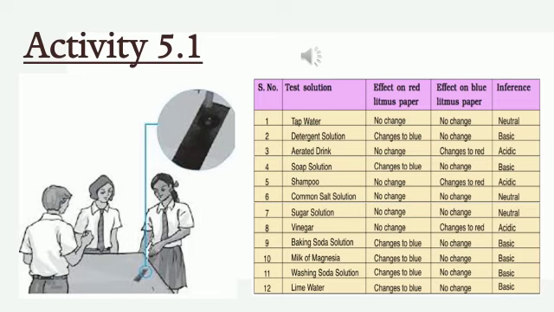To perform this activity, we need to take some water and mix it with lemon juice in a plastic cup or a tumbler or a test tube. And we need to take a drop of the solution on the strip of red litmus paper with the help of a dropper. Here you can notice how it is being placed on a litmus paper.